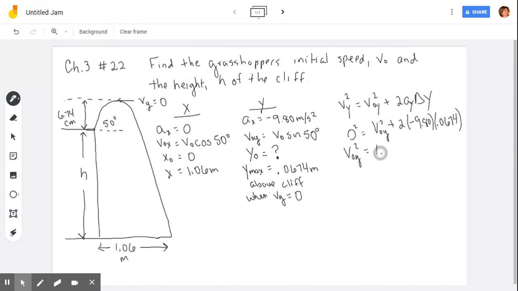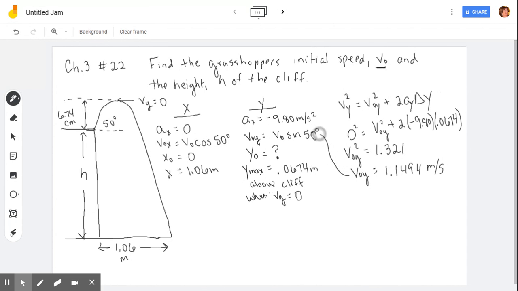That's 1.321, and when I take the square root, I get 1.1494 meters per second. But that's really going to let me answer this question, what is V0?